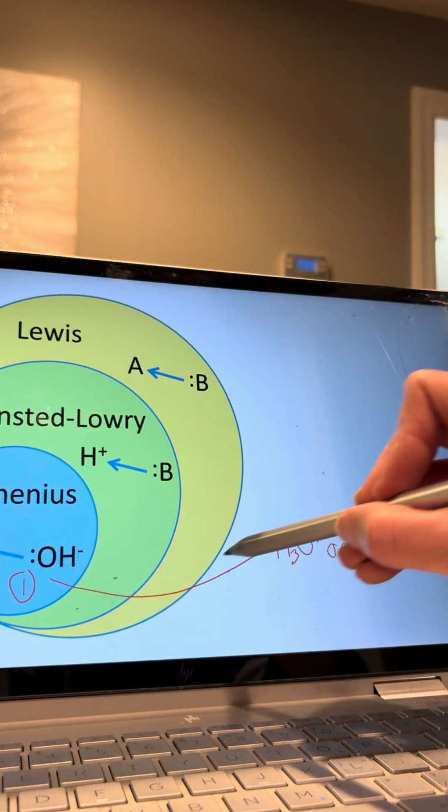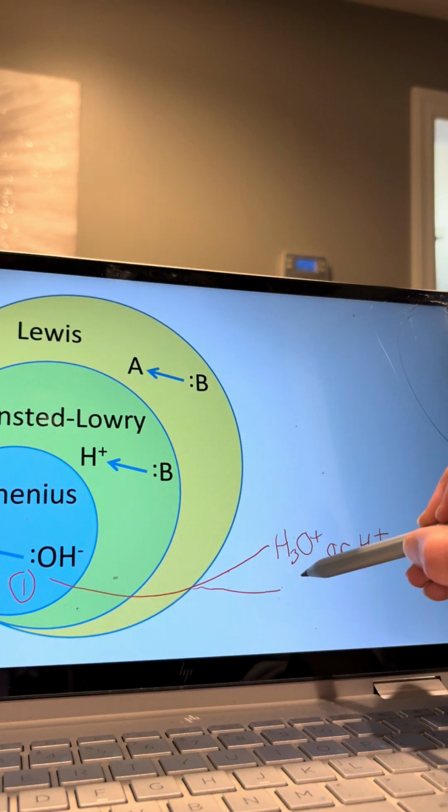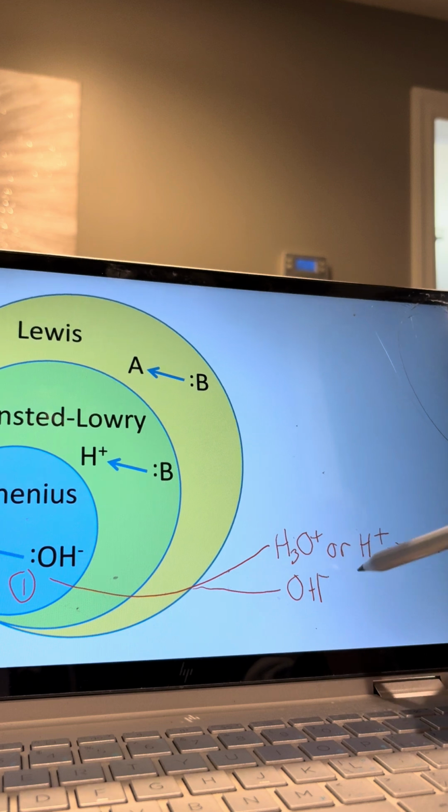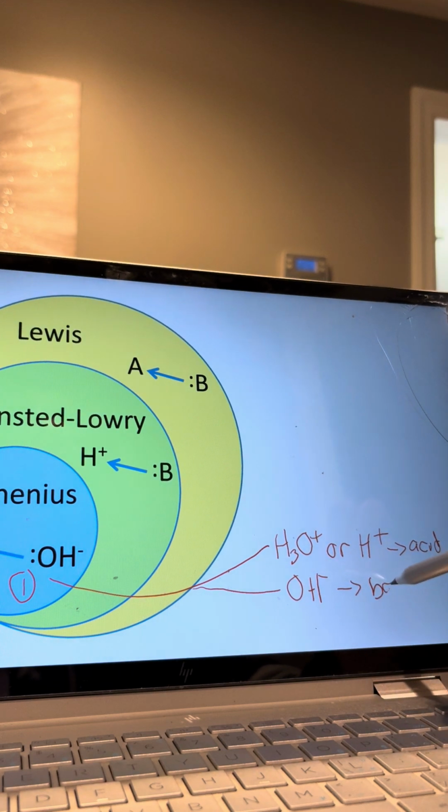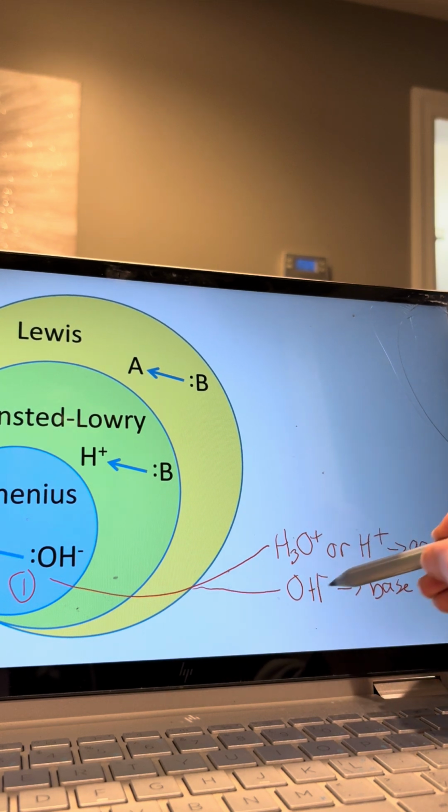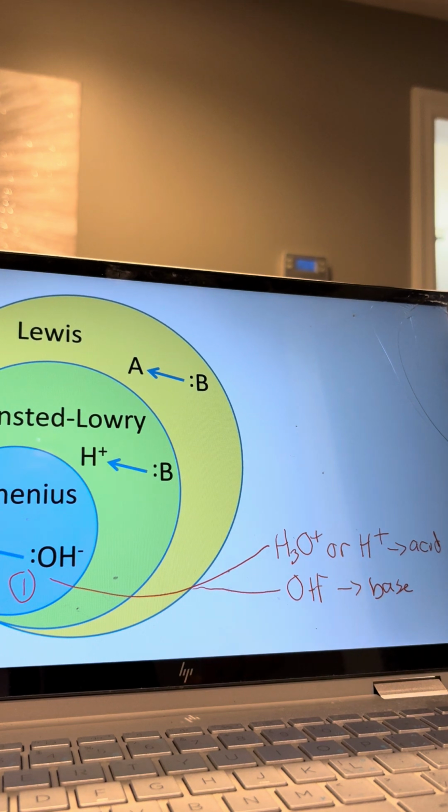And if you were to have the hydroxide ion, that would be considered a base, which isn't inaccurate. It just unfortunately doesn't explain every situation and characteristics of different reactions with acids and bases. So it's not completely accurate in every situation.